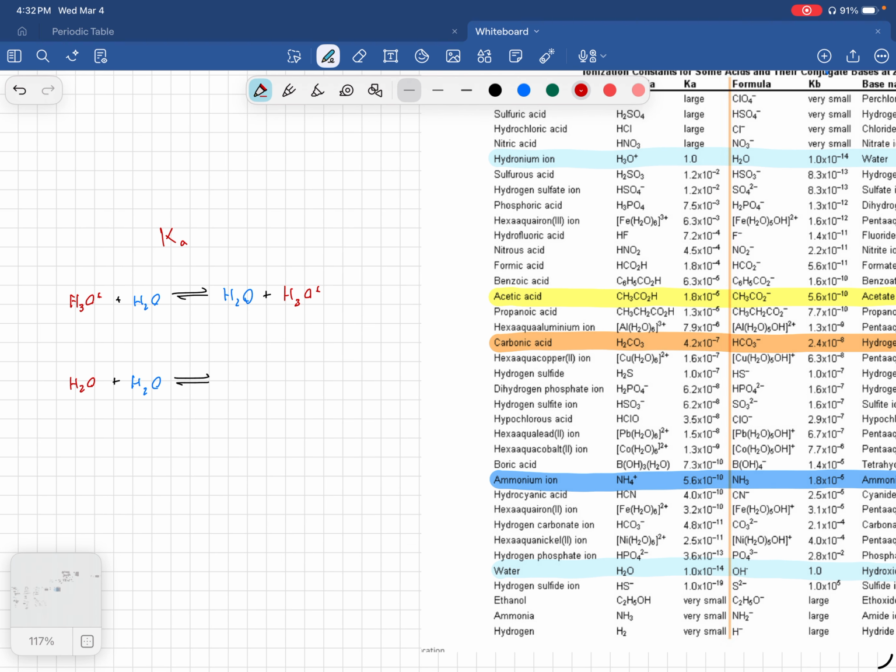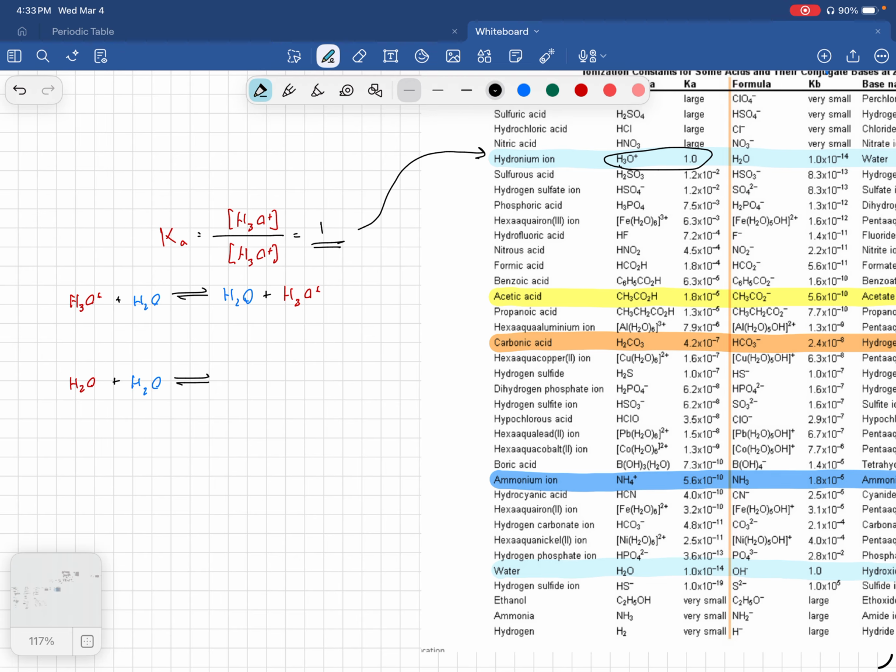If we set up the Ka expression for this, we get the concentration of H3O plus at equilibrium divided by the concentration of H3O plus at equilibrium, which is simply 1. We can see that here.